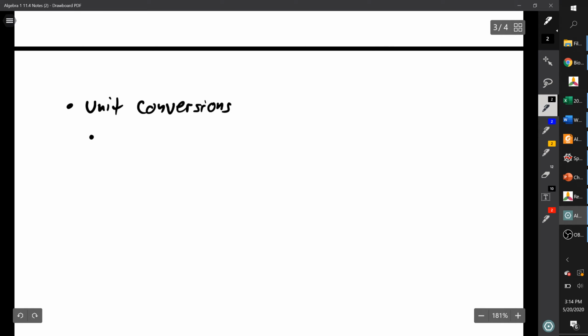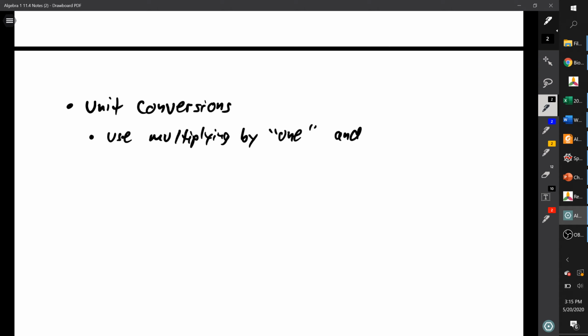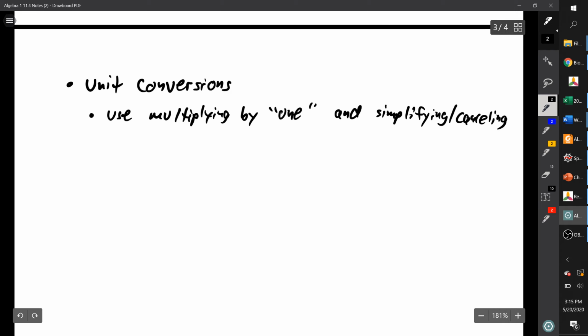And what we're going to do is we're going to use multiplying by 1 and simplifying / canceling. That's going to be the tool that we're going to use.